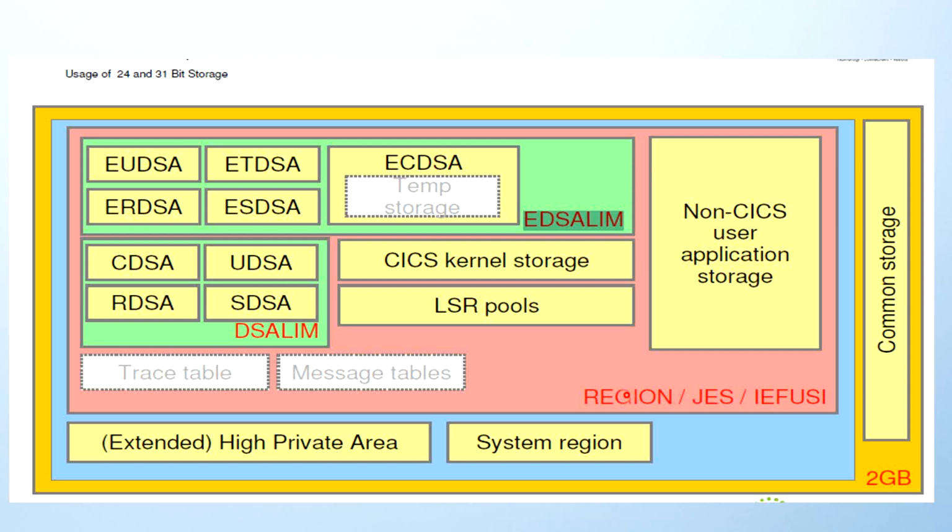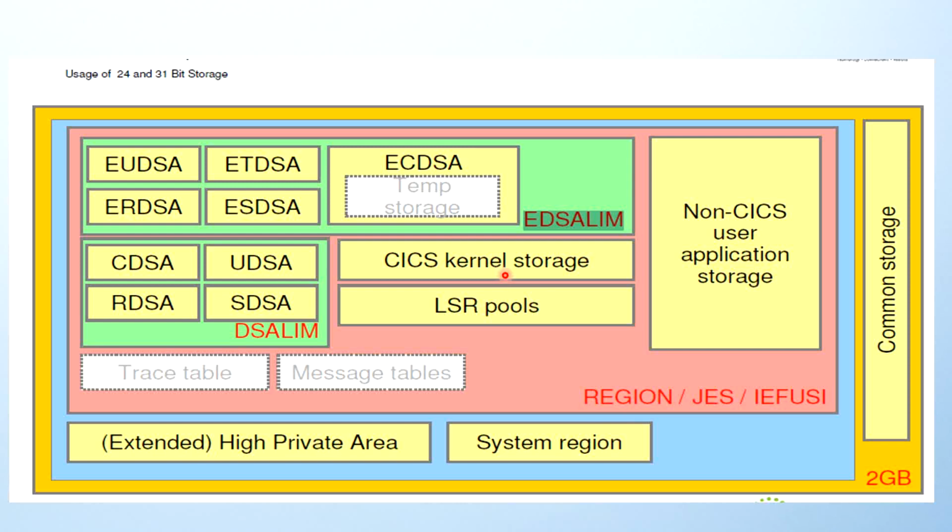And again in that you have SIT parms called EDSALIM and DSALIM. The DSALIM SIT parm takes care of 24-bit storage below the line, and the EDSALIM parm takes care of storage above the line. These are the CICS DSAs, and whatever you allocate for this is taken out of the region parm.